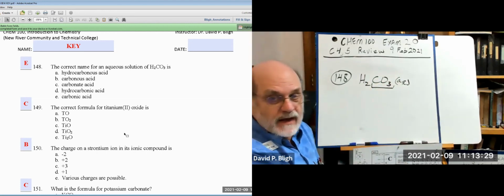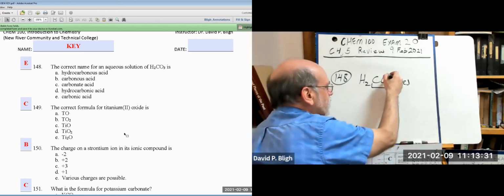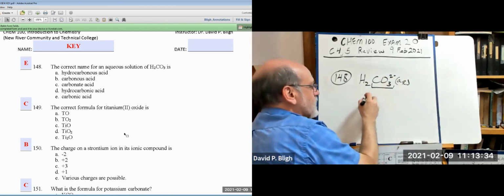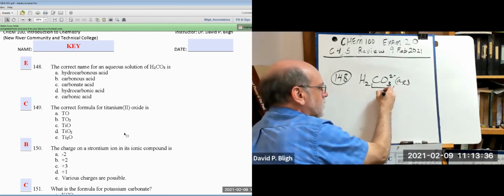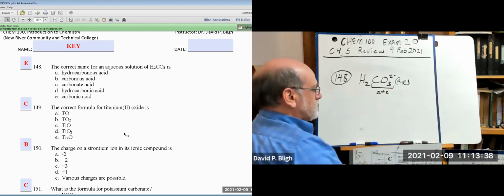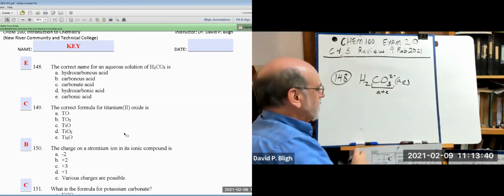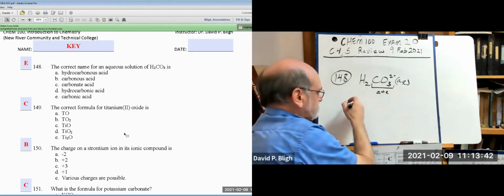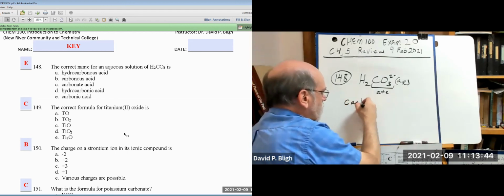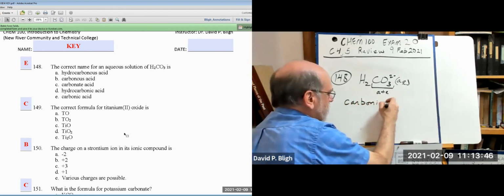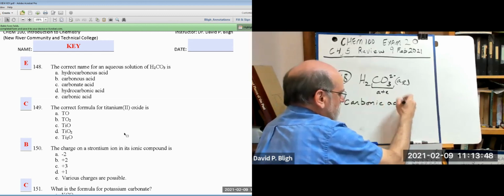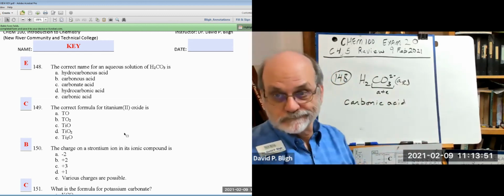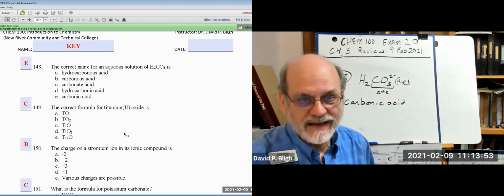It's a polyatomic ion. CO3 2- is carbonate. The carbonate ion. Eights become X. So it's carbonic acid. Okay? Carbonic acid.